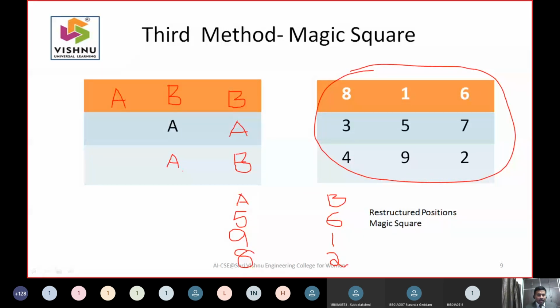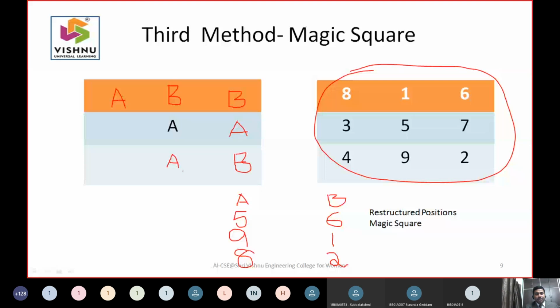But my interest in this class is to introduce that there are different ways of implementing this tic-tac-toe game. Two methods are very important. The first method thinks about the values of A's, B's and blanks. The second method talks about the positions of the tic-tac-toe game.